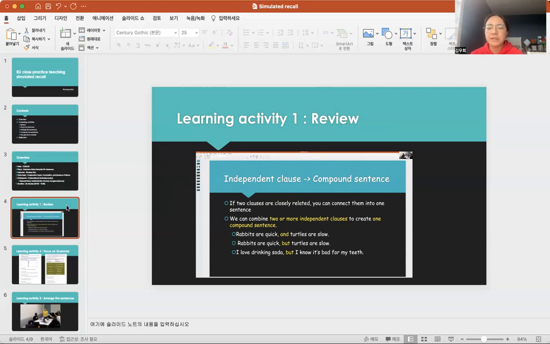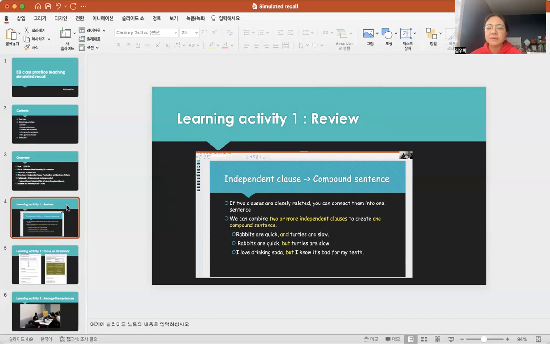From the diagnostic test, I let students write their self-introductions, and I found out that there are a lot of run-on sentences, students don't know the right usage of punctuation, and some sentences were not completed. So I thought I needed to start from the beginning to compose the sentence.